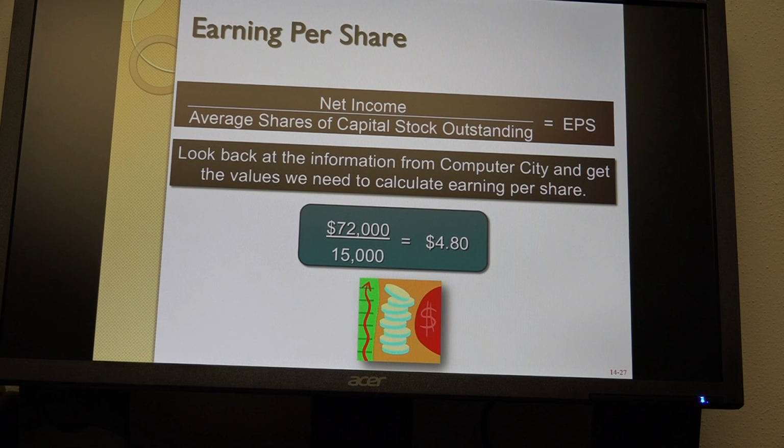You take that and you add it to end of year capital stock outstanding. And so you add those two numbers together and then you divide by 2. That's your average shares of capital stock outstanding.